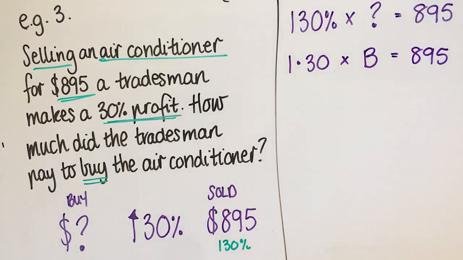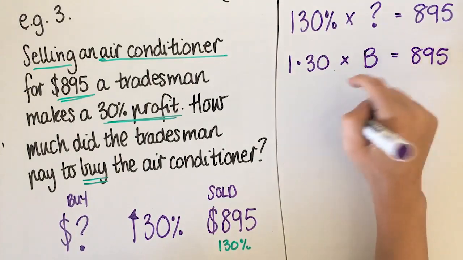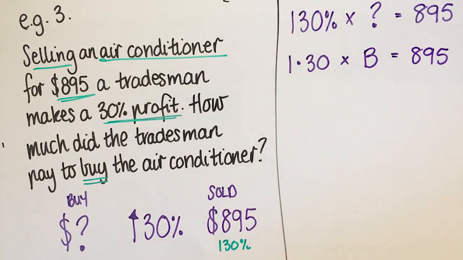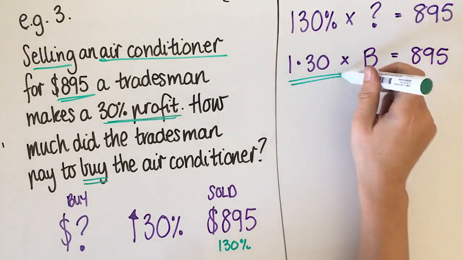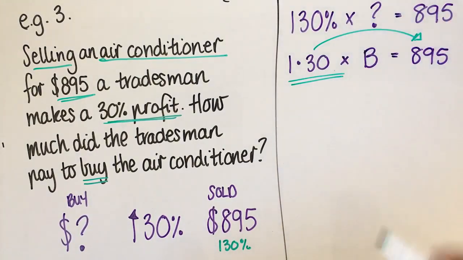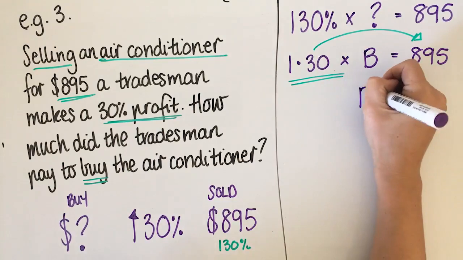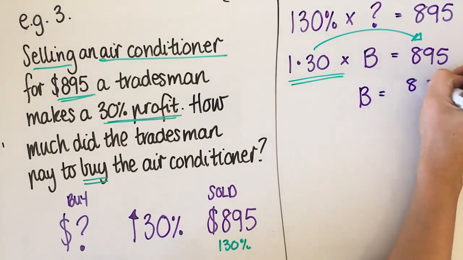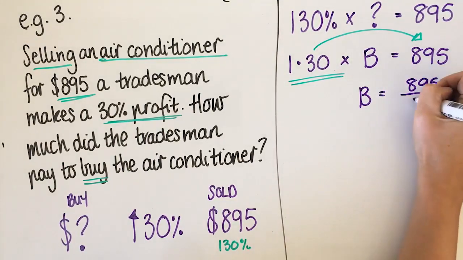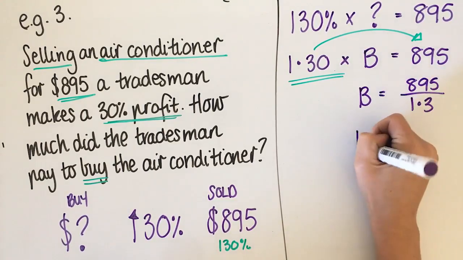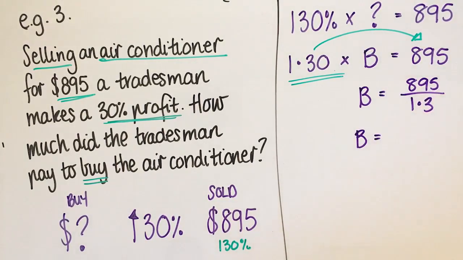Now this is where we think back to our success criteria. We were told that we need to rearrange or use inverse operations to find some of this. So I want to get this B on its own. I need to move this over to this side. The opposite of multiplying by 1.3 is dividing by 1.3. So I'm going to divide by 1.3 on this side, and this will give me what I started with.